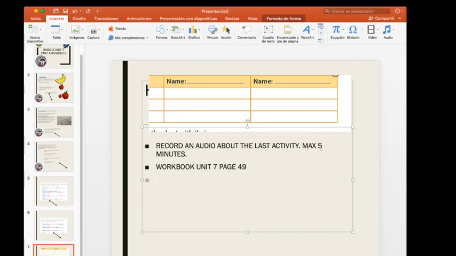I remind you that you have to send the link and the photos of your homework, please. And this is going to be this last part. We are going to check more vocabulary through the next activities. Okay, thanks.